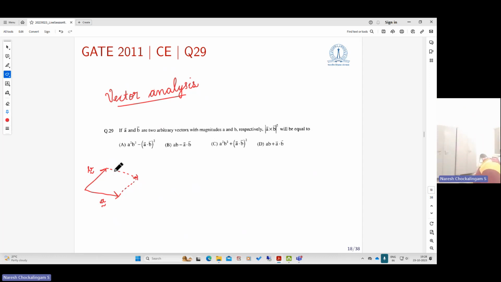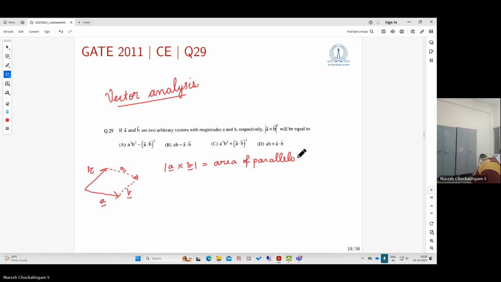So you translate A to the head of B to get another vector A. So vectors can be translated without changing their magnitude and direction. Similarly, we translate B to the head of A. This encloses a parallelogram. The magnitude of A cross B is nothing but the area of parallelogram enclosed by A and B. And what is that?